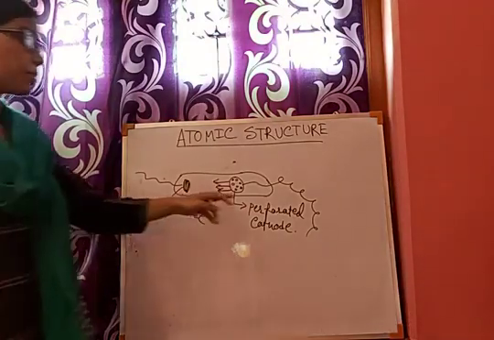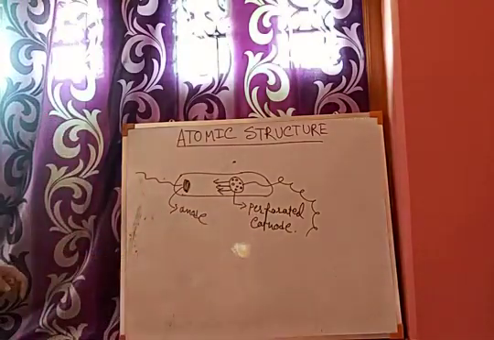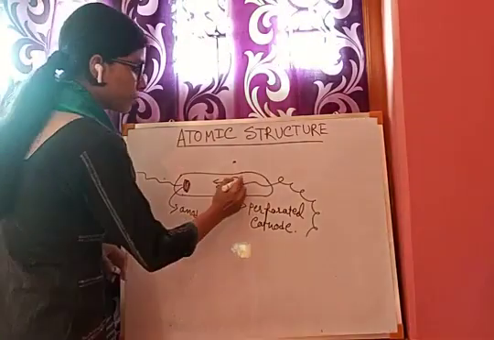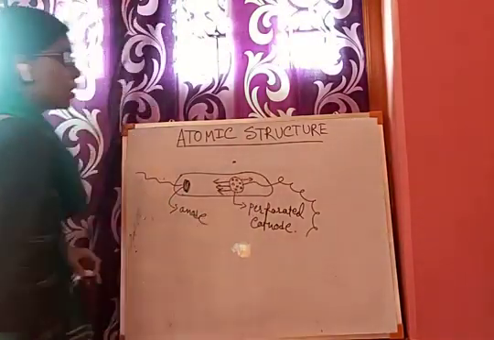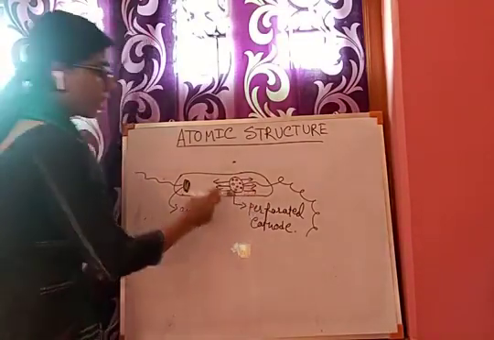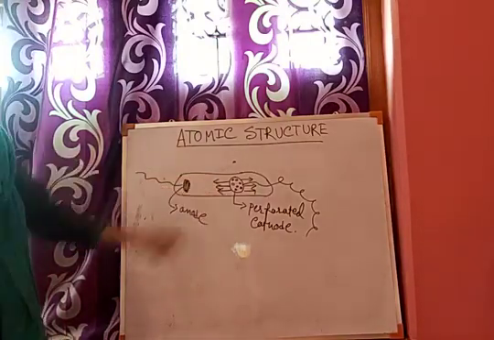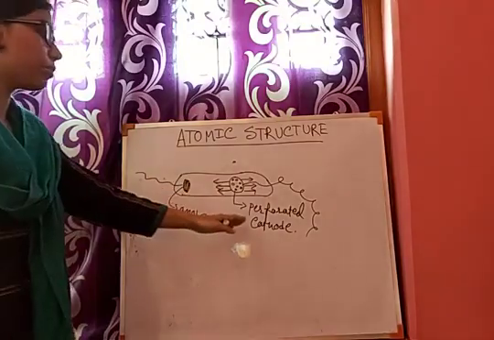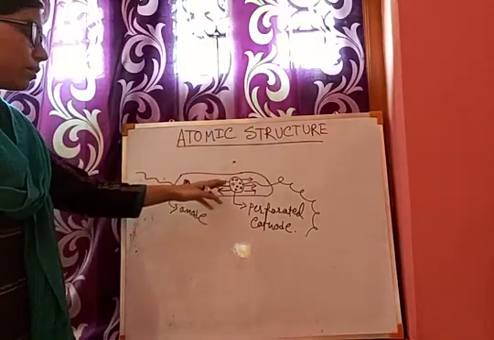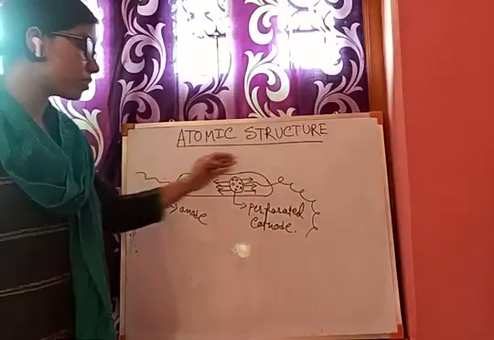But when this perforated cathode is taken in this experiment, it is also seen that some other rays are going in the opposite direction to that of the cathode rays. The cathode rays are going from cathode to anode, and through these holes, other rays are going in the opposite direction.